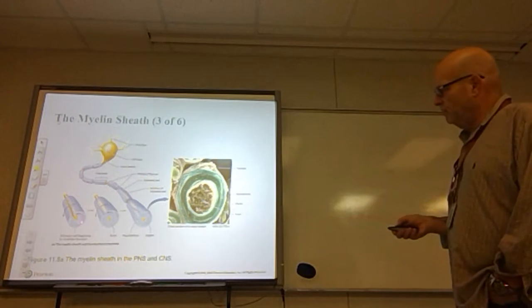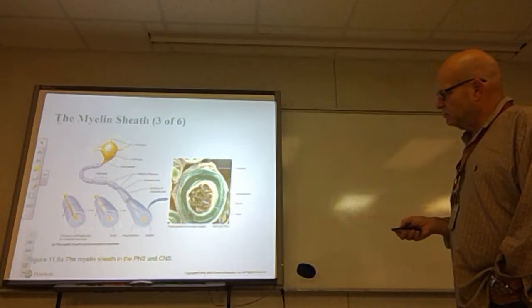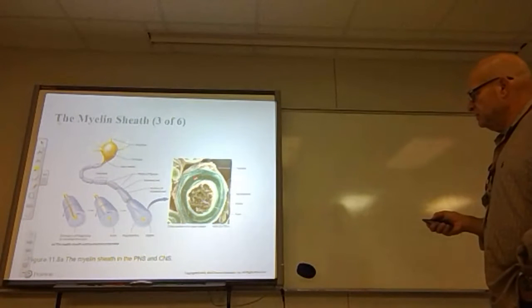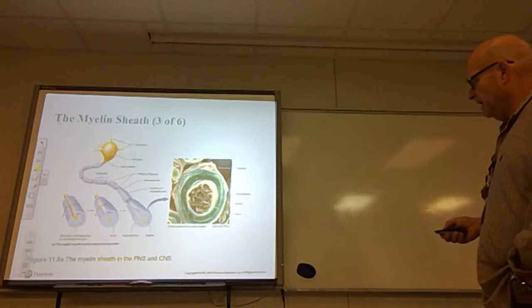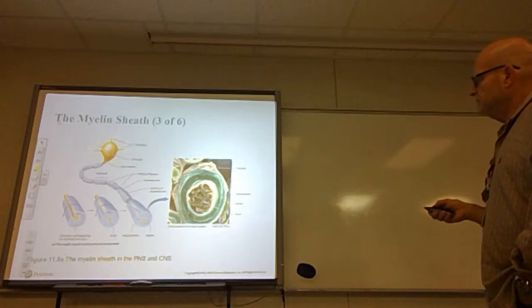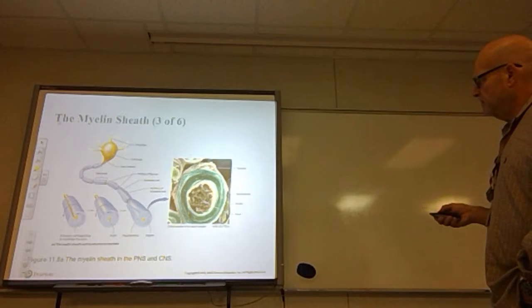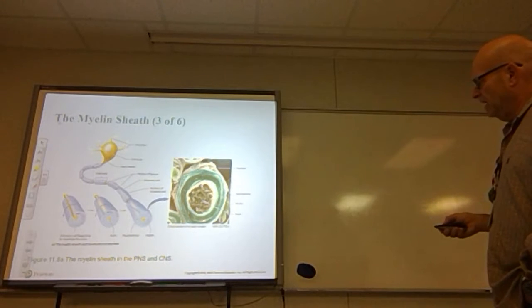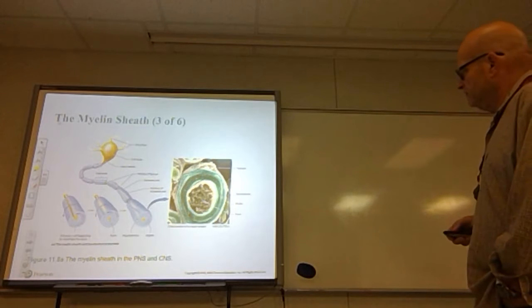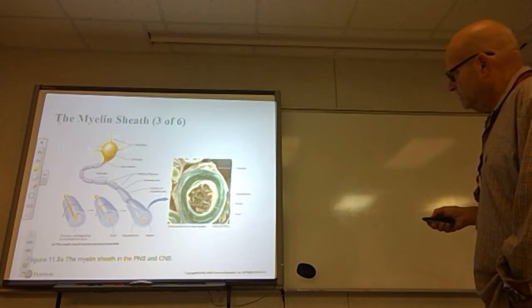You have the Schwann cell beginning to myelinate, starts to wrap around, and ultimately it becomes fully myelinated with many, many layers. Here's a cross section magnified by a scanning electron microscope 30,700 times. There's the nucleus right there. There's the neurolemma. This is the myelin, the thing that appears green. I hope you can see that color when you watch this video. And then the axon is in the middle.